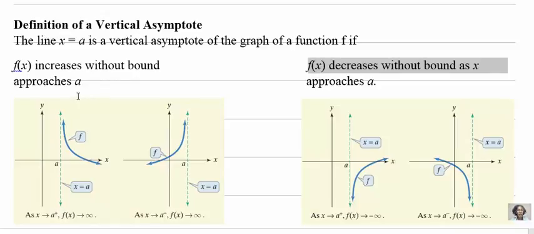So in other words, this is my vertical asymptote if f of x increases without bound as x approaches a.